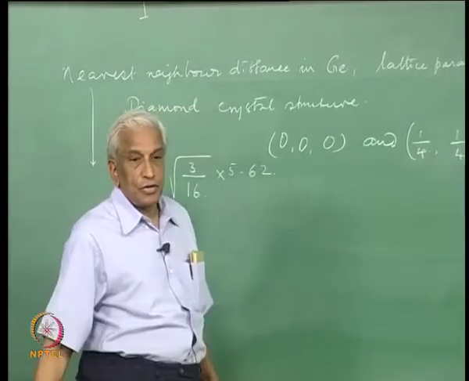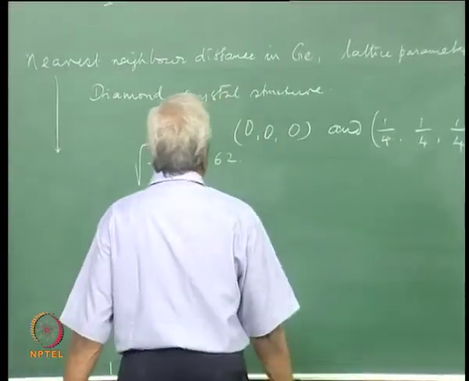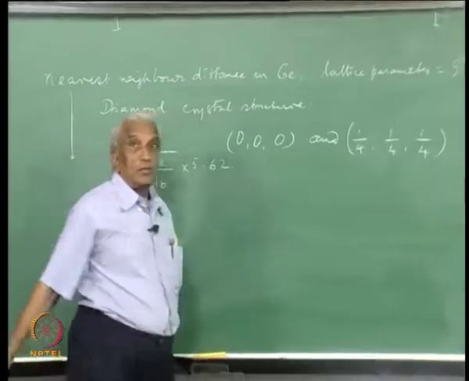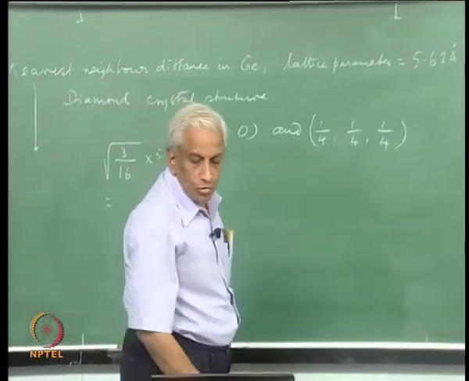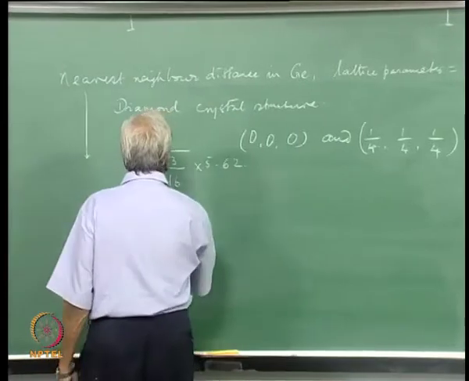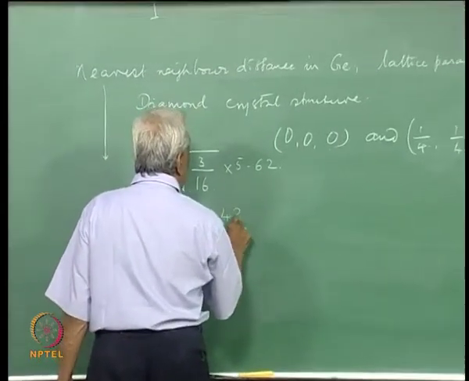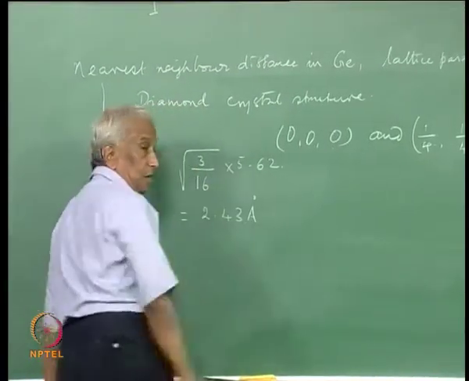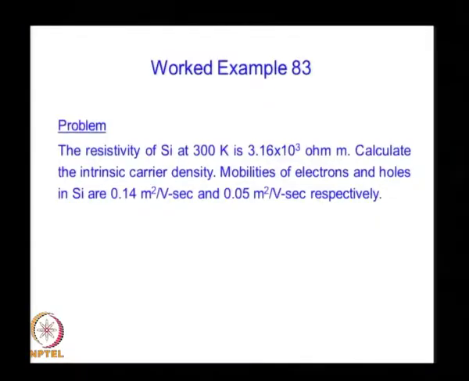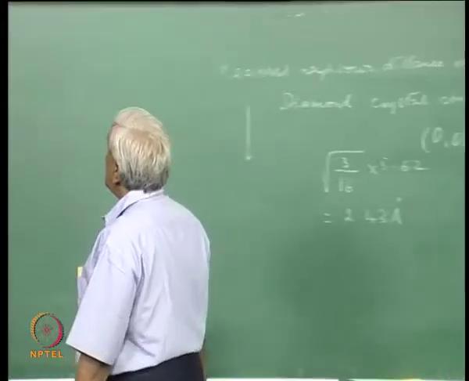That is the distance required between the atom at 0 0 0 and the atom at 1/4 1/4 1/4, and that works out to be 2.43 angstroms.